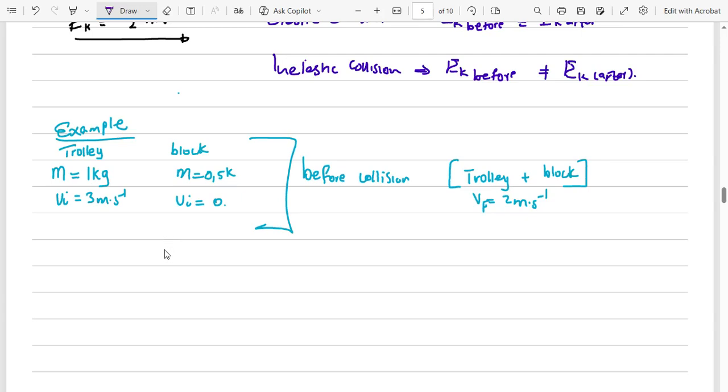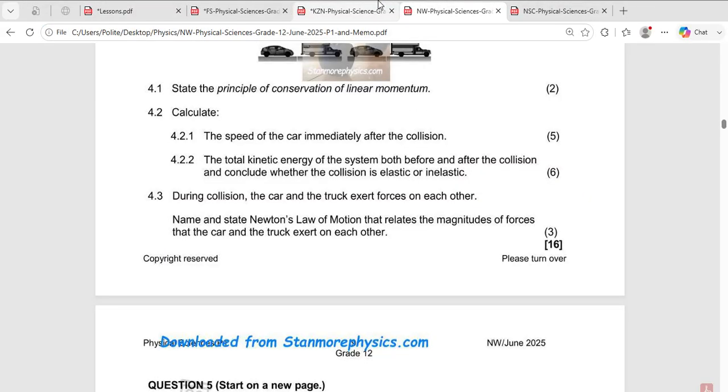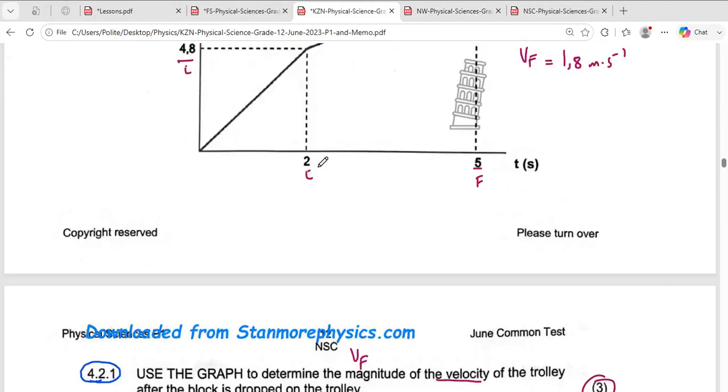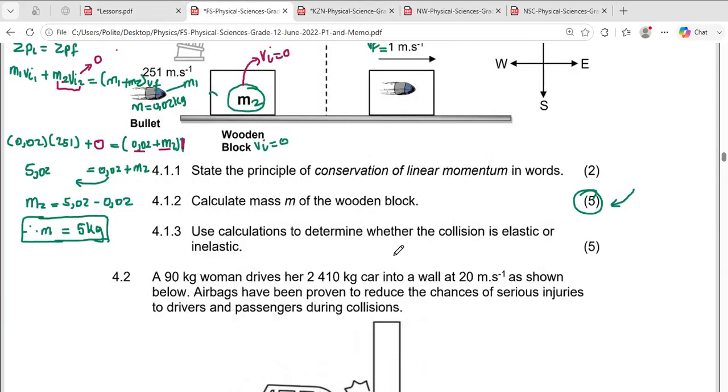The question will be, is this collision elastic or inelastic? If you understand how we're going to answer this question, then you'll be able to answer it.